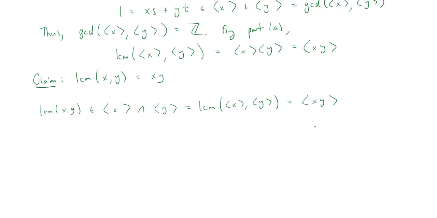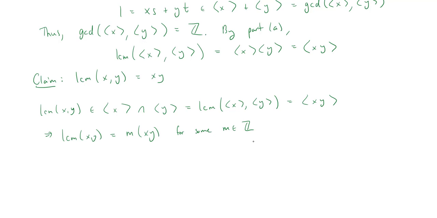And so we conclude that the least common multiple of x and y is a multiple of x times y. So this is equal to m times xy for some integer m.